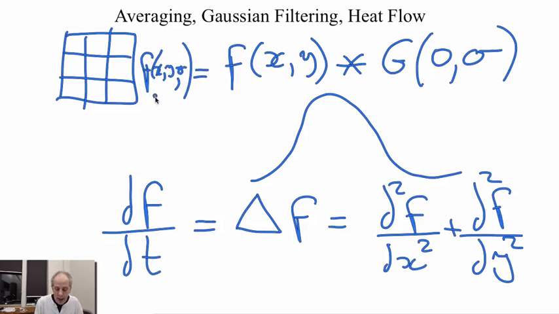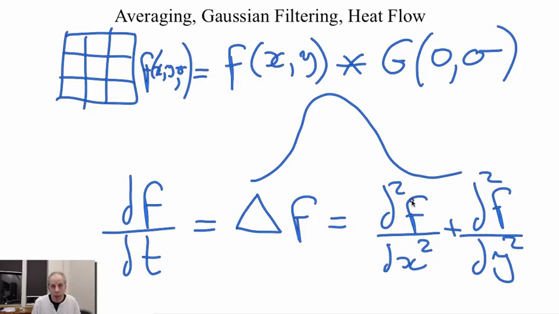So the result of doing this local averaging with the Gaussian filtering is equivalent to taking the image, thinking of the pixel values, the gray values, as heat, and letting it run according to the heat flow, which is this. Those are equivalent operations.